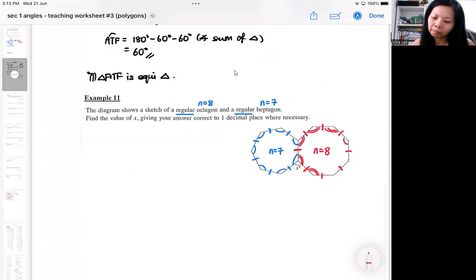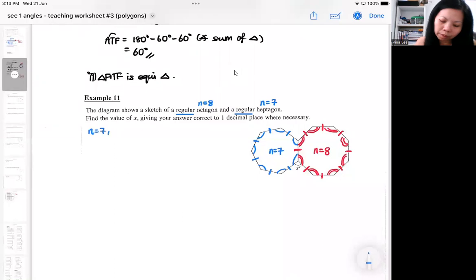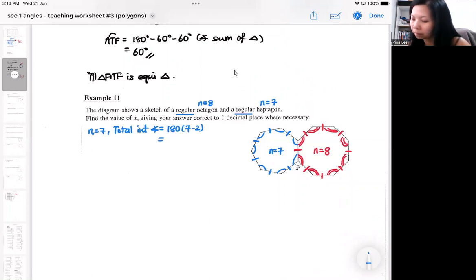So that will be the plan. So an 8-sided figure and being regular, you know how to find. A 7-sided figure as well. So you do for n equal to 7, find the total interior angle first. And then you find each of them.